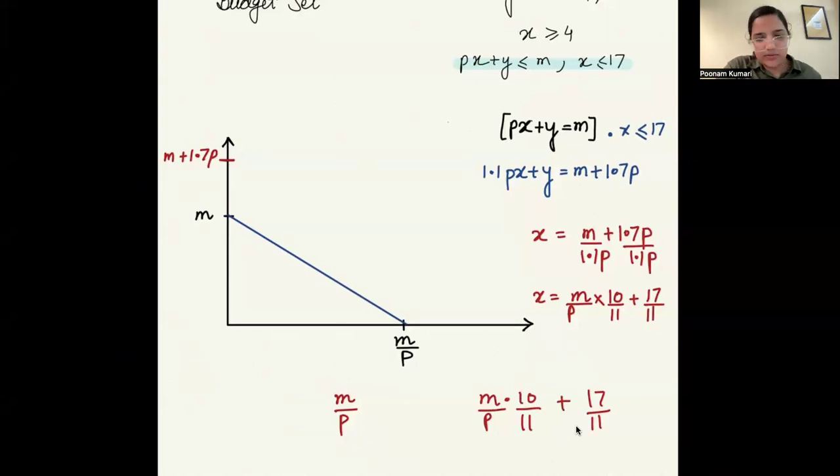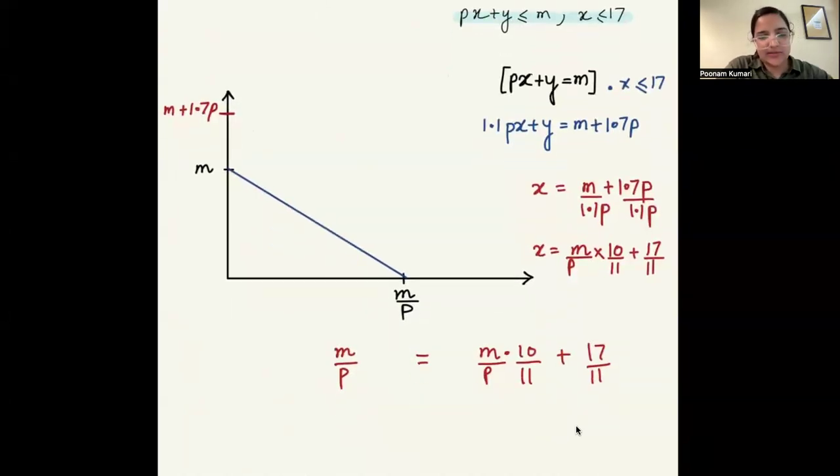But when will they be equal, for example? Let's say, when is this bigger? Suppose this is bigger. When is that possible?